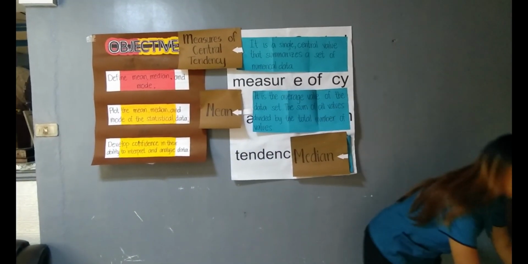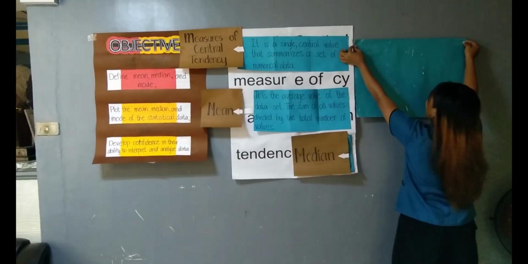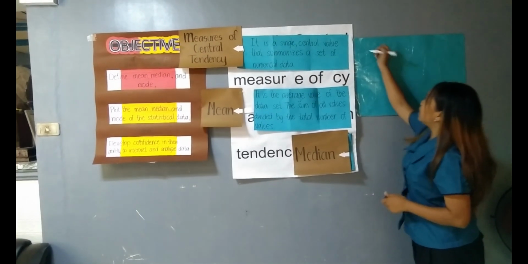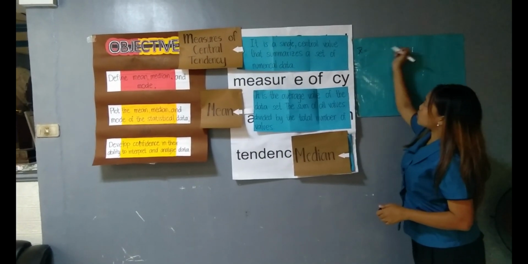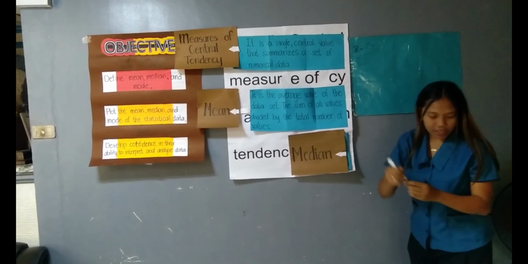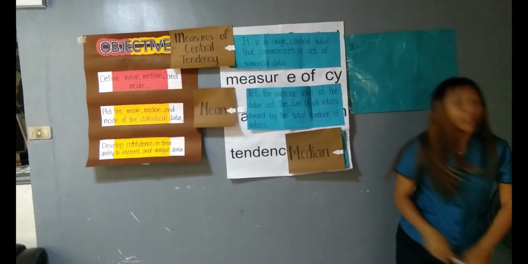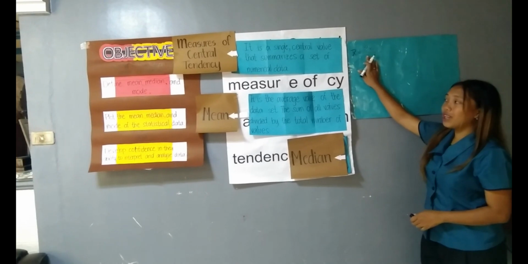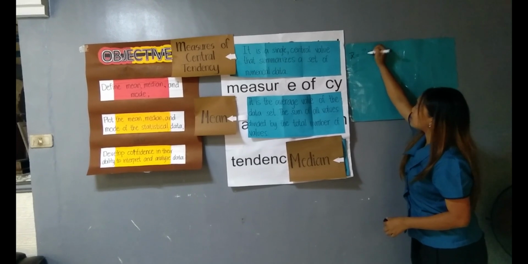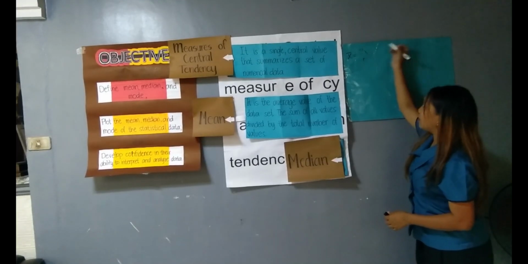So, sa mean, naa tay formula. So, the formula for our mean is x bar is equals to summation of x over n.